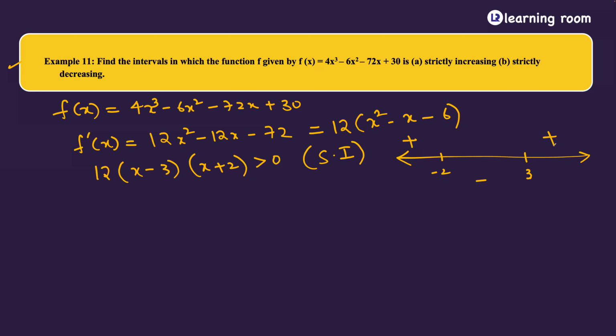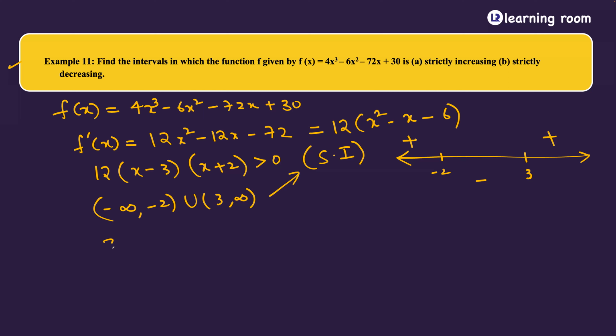So this number line is clearly telling me the values of x for which this inequality will take positive and negative signs. Where will this inequality take a positive sign? It starts from minus infinity to minus 2 and 3 to infinity. Within this range, it is going to be strictly increasing.